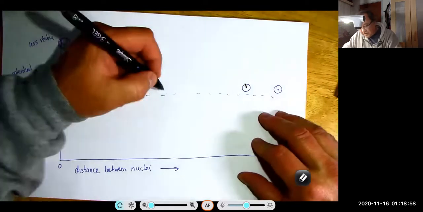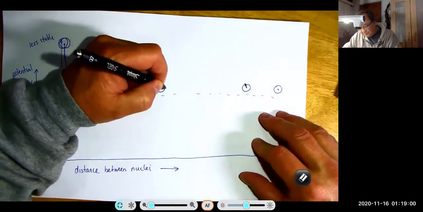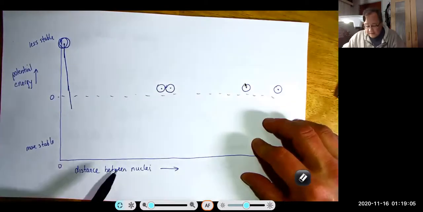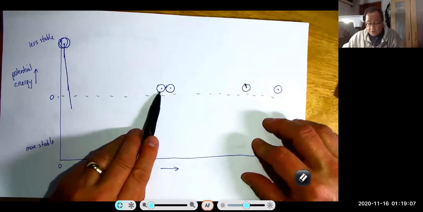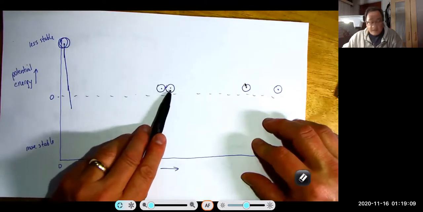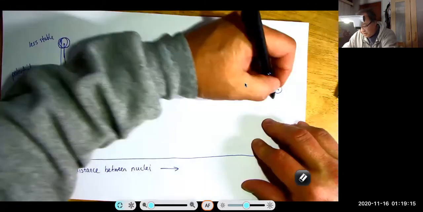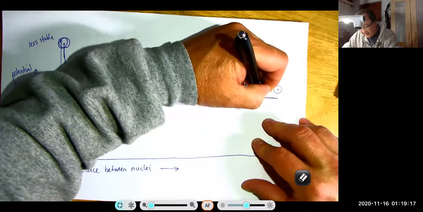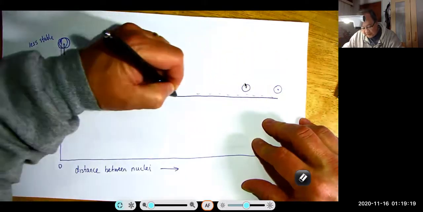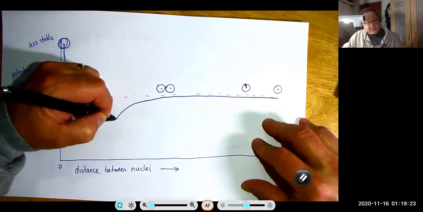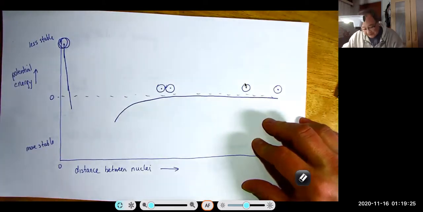Now, as they start getting closer together, there is a force of attraction that's happening. The electrons of one atom are attracting the nucleus of the other, and the same goes for the other atom. So here, you have essentially no energy, and as they get closer and closer together, eventually you have these attractive forces, and these attractive forces are stabilizing.